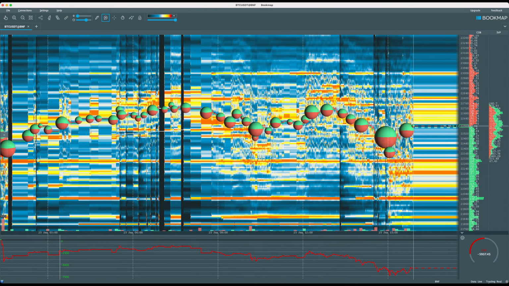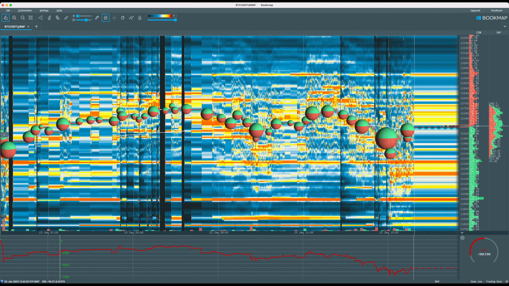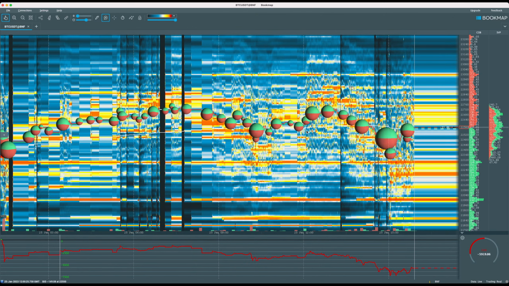So looking at the motion, if we're moving downwards in terms of price and downwards in terms of CVD, it's a good indication that the sellers are in control, the bears are in control.